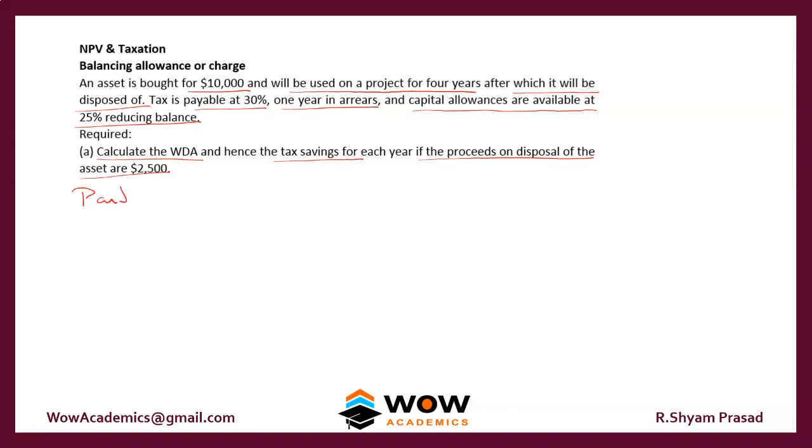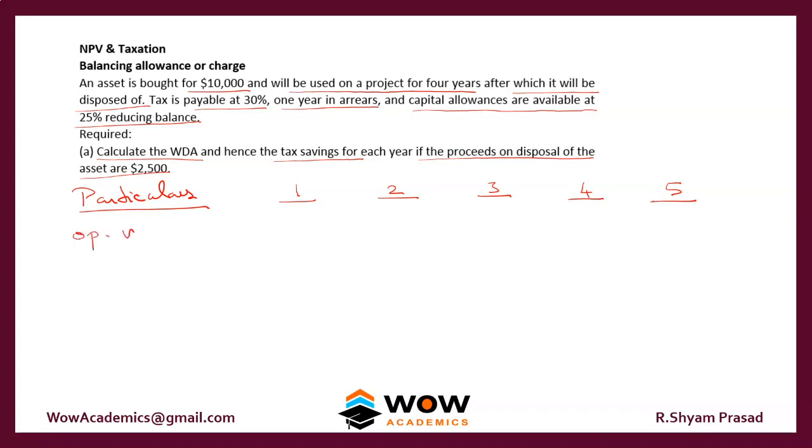So we'll start as per the format. You start with the particulars, then you have year 1. So how many years the machine is being used? The machine is being used for 4 years. So 1, 2, 3, 4. We'll also have a fifth year, and we'll work out the opening asset value.